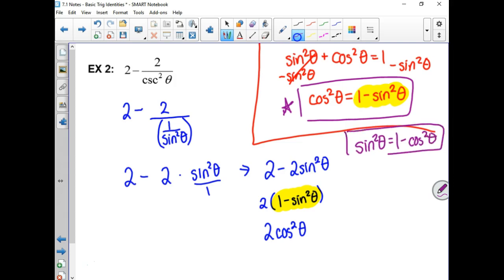So those are two identities that aren't separate identities. They come from that Pythagorean identity, but we need to know. So we have simplified this down all the way to 2 cosine squared theta, and there's not much else that we can do after that. Let's try another one.